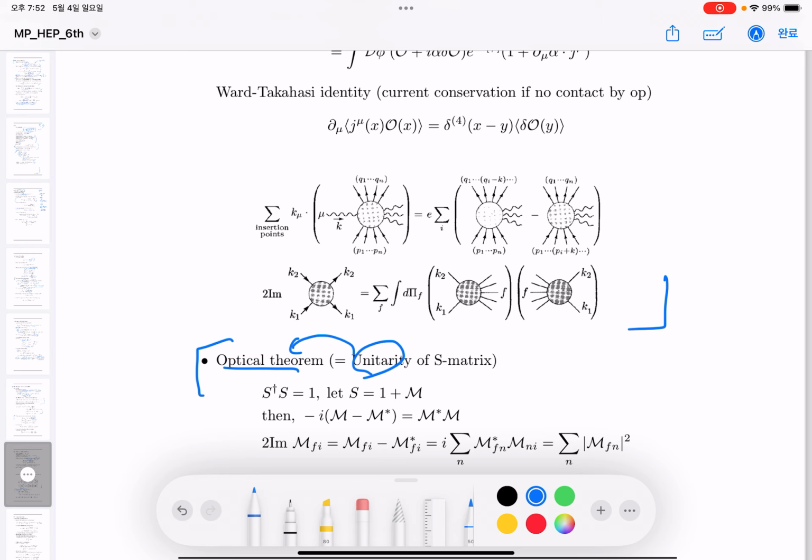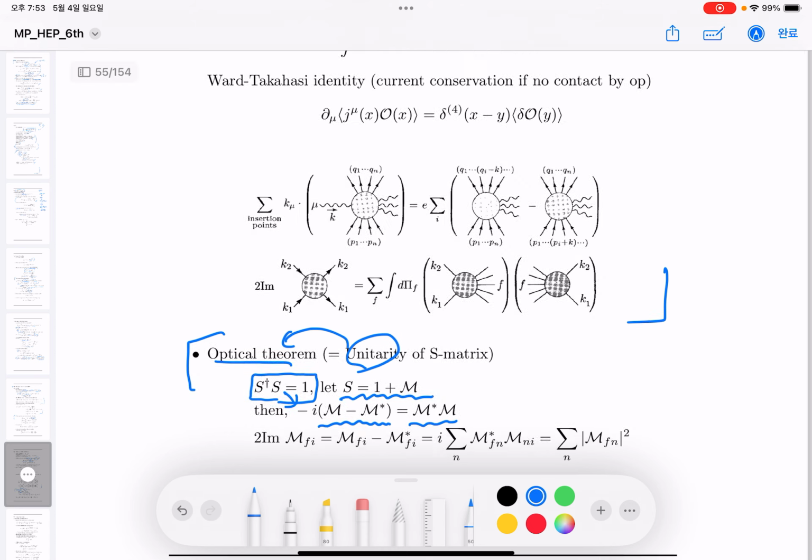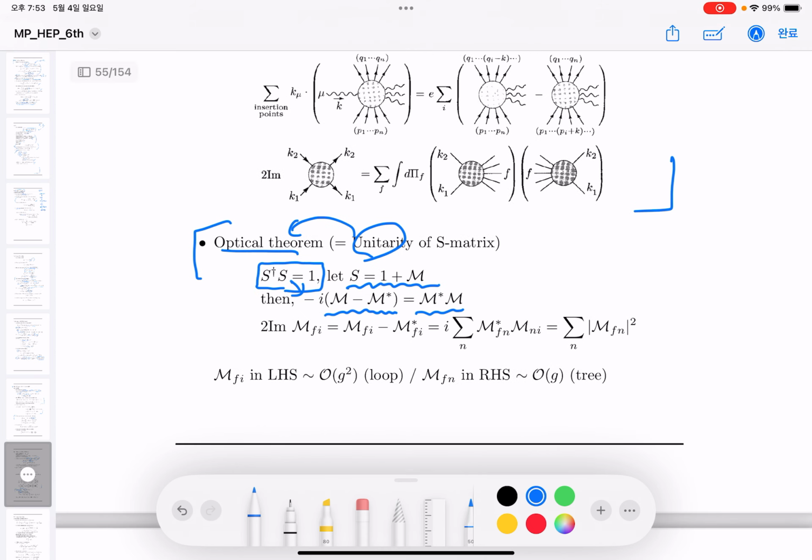Unitarity of the S matrix means that S dagger S is equal to 1. And if we decompose S into the identity plus the amplitudes, then this condition gives that the imaginary part of M is equal to M dagger M, and so the imaginary part of M gives all the possible summations of the M's with the intermediate states.